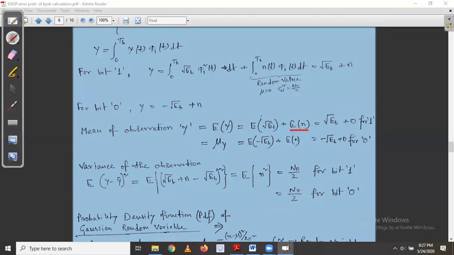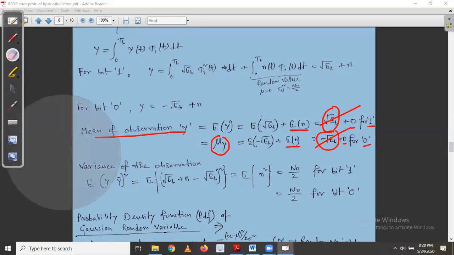So mu Y is root of EB or minus root of EB depending on bit 1 or bit 0. That is the mean of observation.